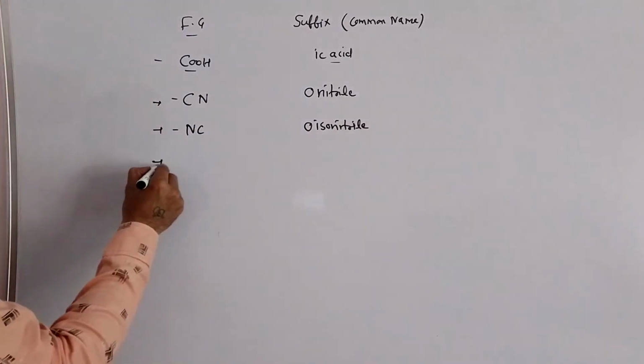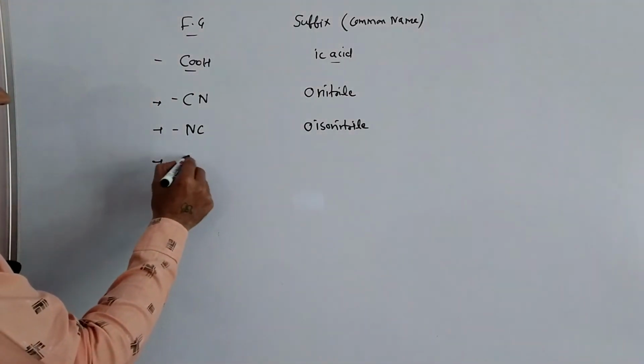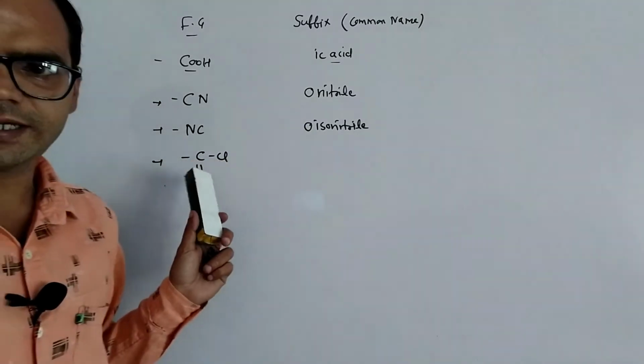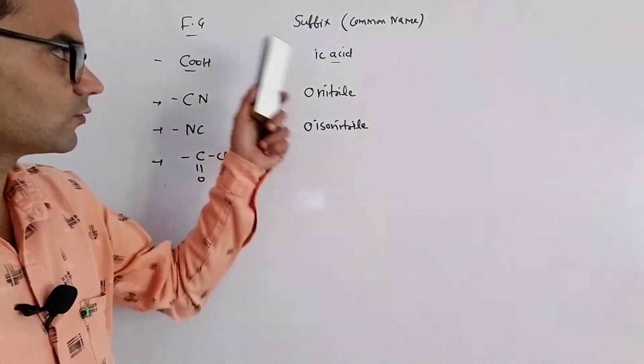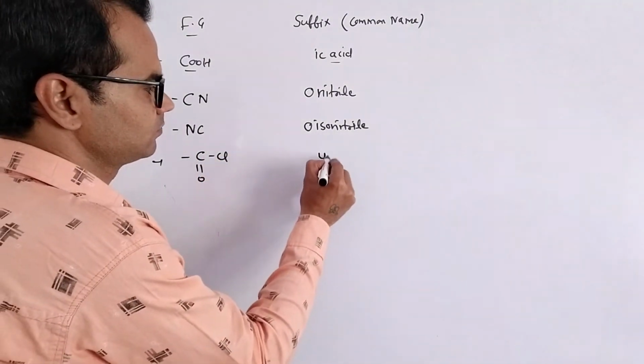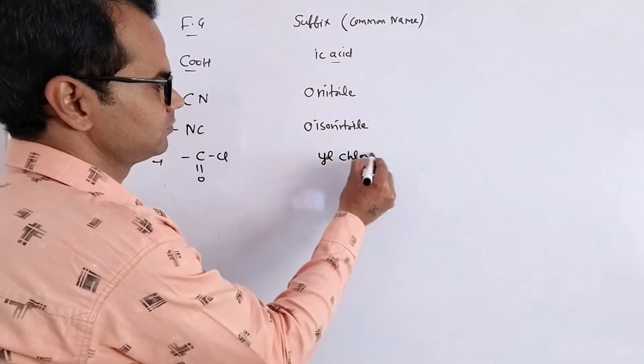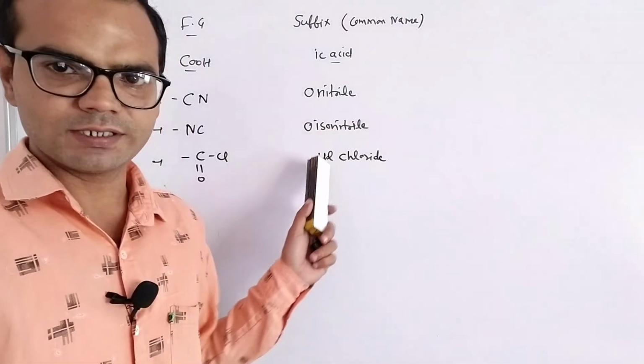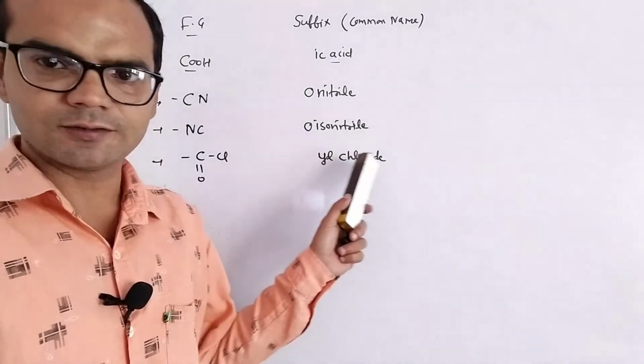Fourth we have the acid chloride group, so its suffix is... its IUPAC suffix was oyl chloride, but o is replaced, so it's yl chloride.